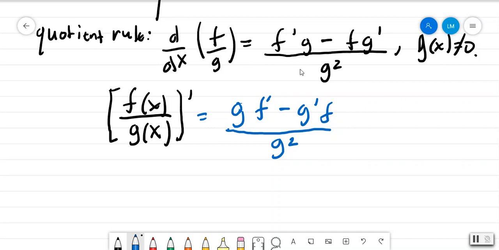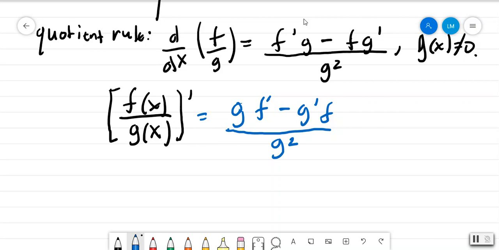Now, the reason that I wrote it differently, but you can see that you can interchange it, is because there's a way to memorize this, like high D low minus, wait, it's something like, yeah, it's like high D low, and then we have low D high or something like that.